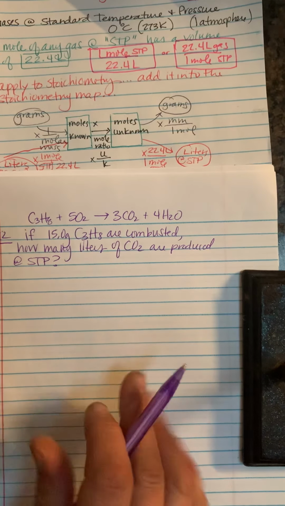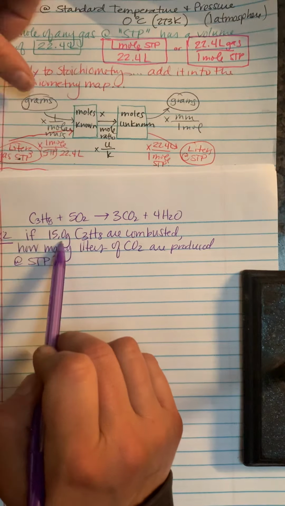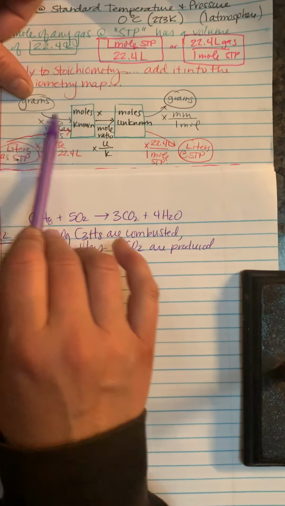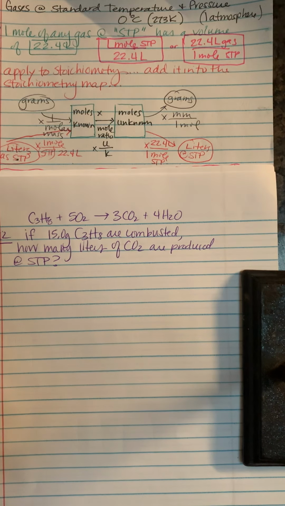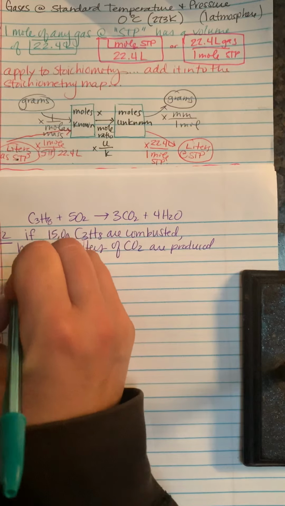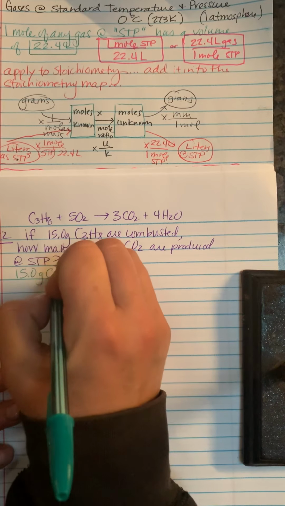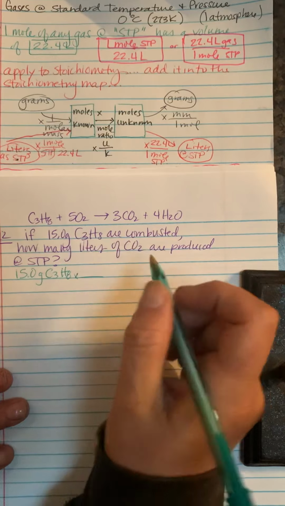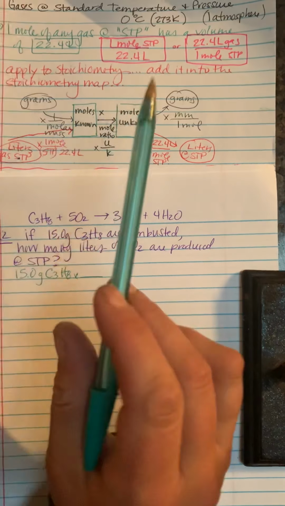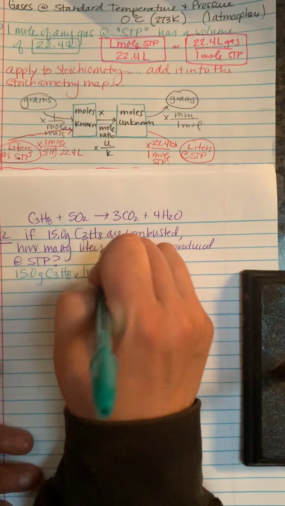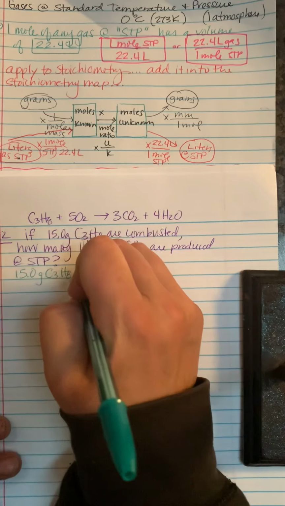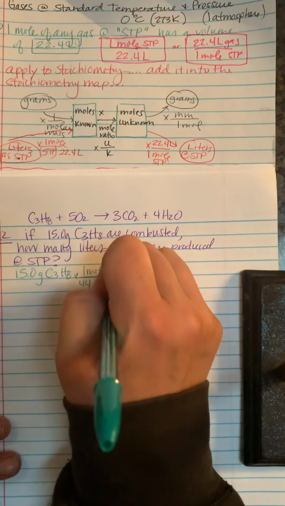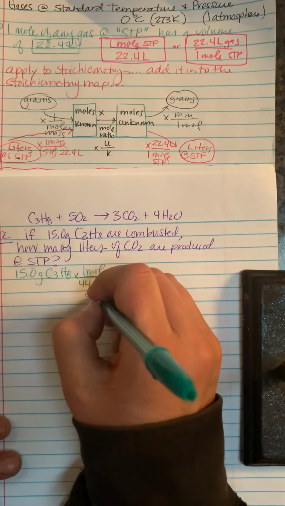So keeping the big picture here, we're starting with grams, and we're trying to go to liters of gas at STP, so it's hop, hop, hop. Okay, so we'll start with our 15 grams of C3H8, and our first step, of course, is from grams to moles, so we want to convert to moles. And this is 44.096 grams per mole of C3H8.